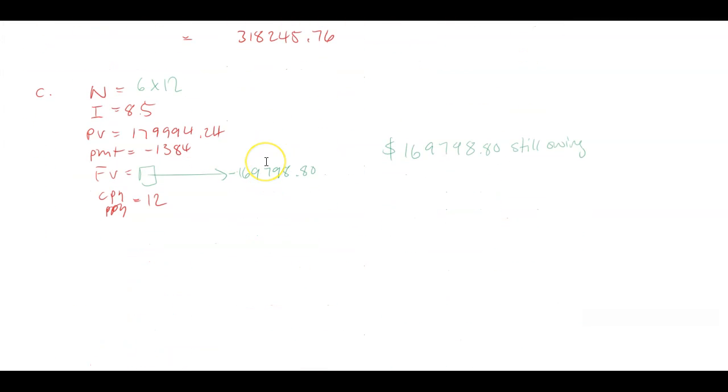So what we now need to do is put everything in with the new rate from the point that they got to. This is after 6 years. So that is the starting point for this next calculation. So we're going to leave n blank. We're going to put the interest rate in now as 8.5 plus 0.9.